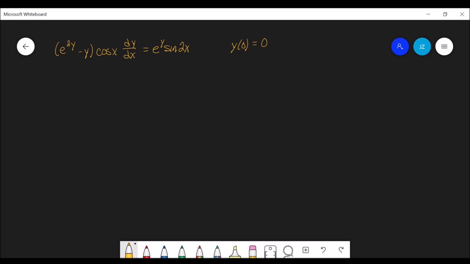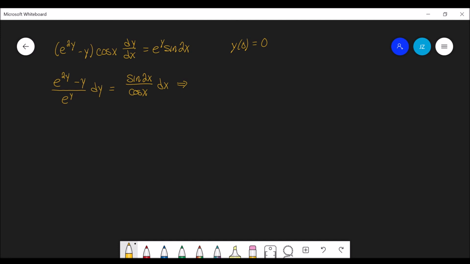Then we can use the condition to determine the constant. So we're going to write this equation in separable form first. So (e to the 2y minus y), all divided by e to the y, dy equals sine of 2x over cosine of x dx.